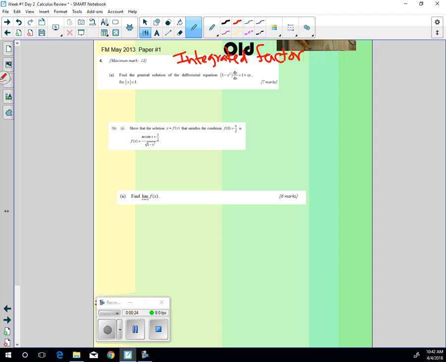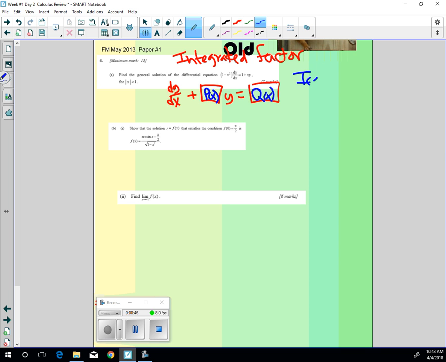The reason it's an integrating factor is if you can put something in the form dy/dx plus something times y plus something without a y, we call this p of x, this q of x, you're going to be able to use two formulas to solve this equation.